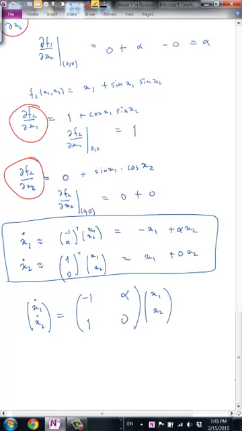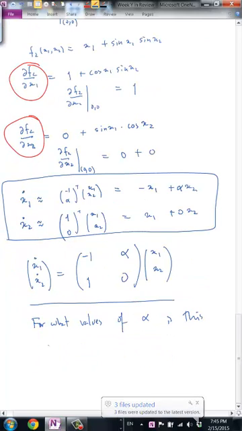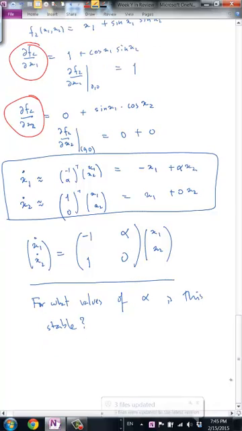So now we need to know rules for stability. For what values of alpha is this stable? Well, all we have to do is apply our usual rules, since there's nothing nonlinear about this. For stability of linear systems, step 1 is always to compute the eigenvalues.